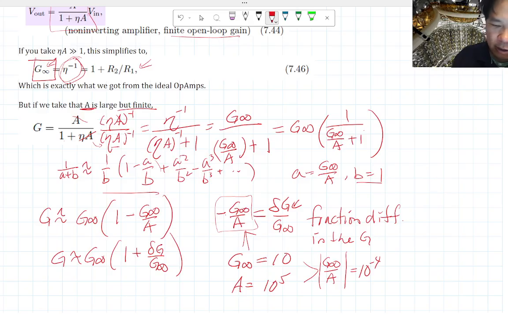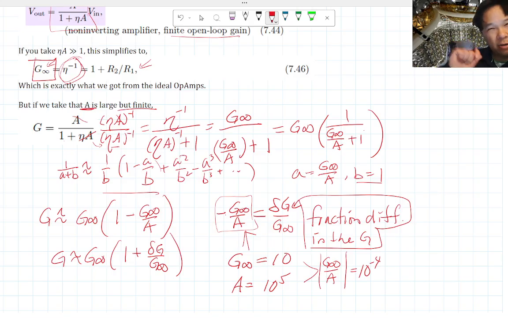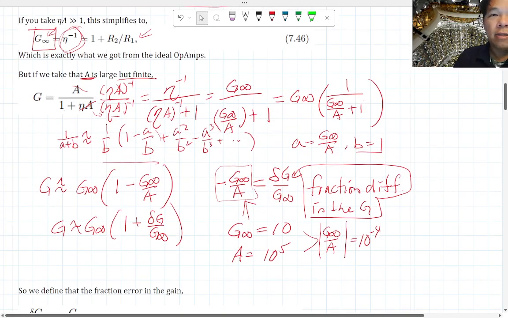That means the fractional difference in the gain is 1 in 10,000, okay? So if your output is 10 volts, that means the error on the voltage of your gain is a millivolt, which is pretty good, okay? So that's kind of an interesting thing to note, okay?